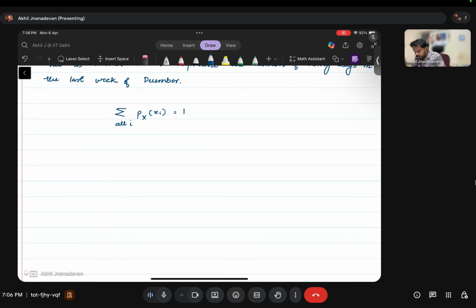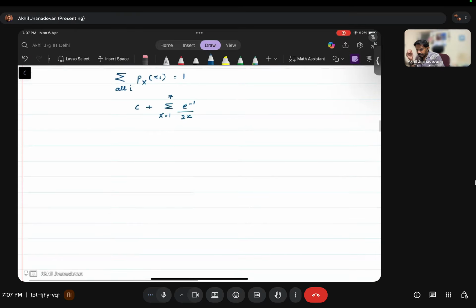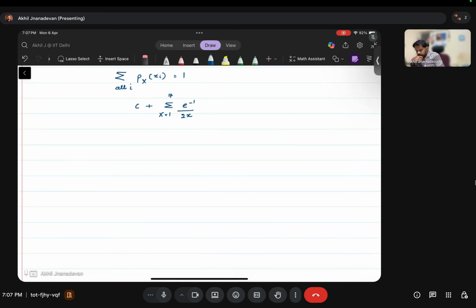When x equals 0, the probability value is C. When x equals 1 to 7, the probability value is e raised to minus 1 by 2x. And this sum should be equal to 1.